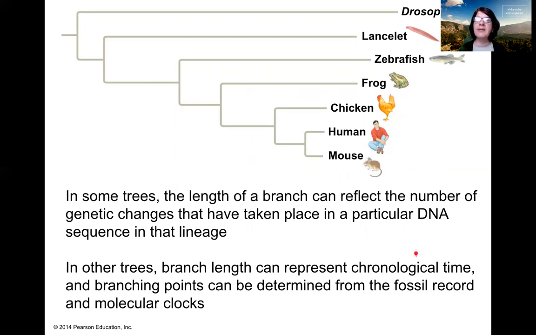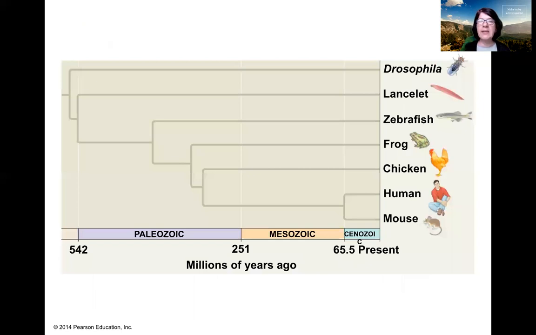So again, this is an indirect way to show time, but in this case, they're based specifically on number of genetic differences. In other trees, the length of the branch reflects time directly, and that time can be determined either from the fossil record or molecular clocks. So in this case, here we have the tree, and we have a scale which shows us millions of years.